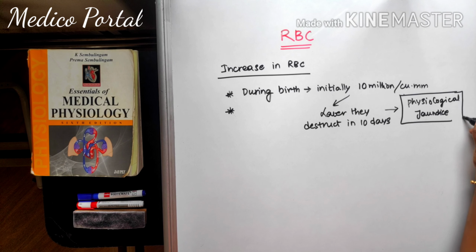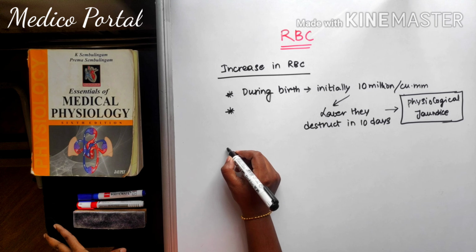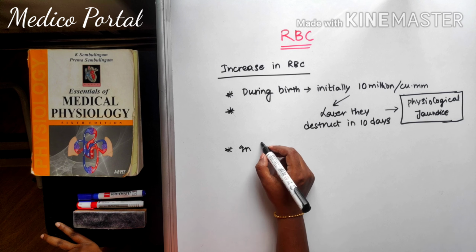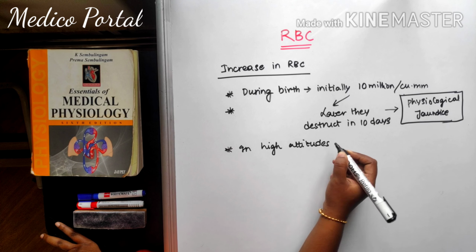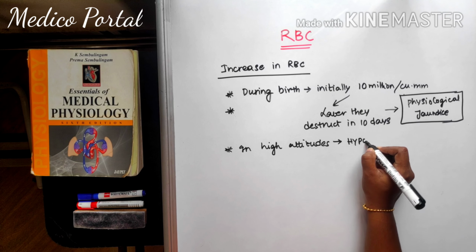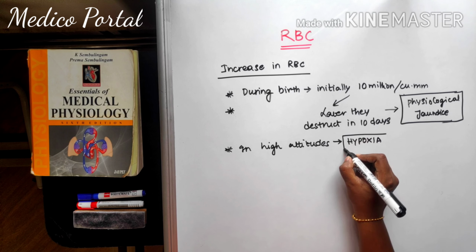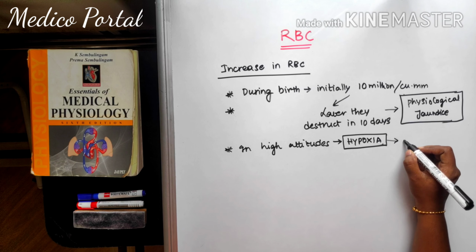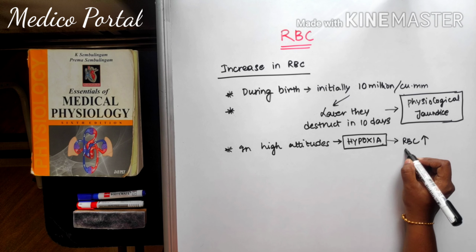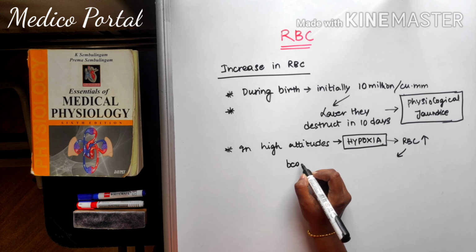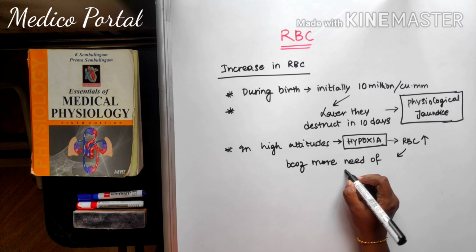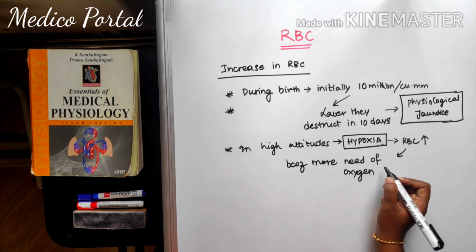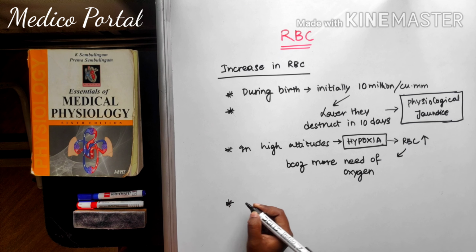Okay, coming to the second important point where this RBC increases, it is in high altitudes. In the people who climb high mountains or high altitudes, they develop a deficiency of oxygen, a hypoxia condition. So the RBC increases in order to compensate for the decreased amount of oxygen they have or the increased demand for the oxygen they have.